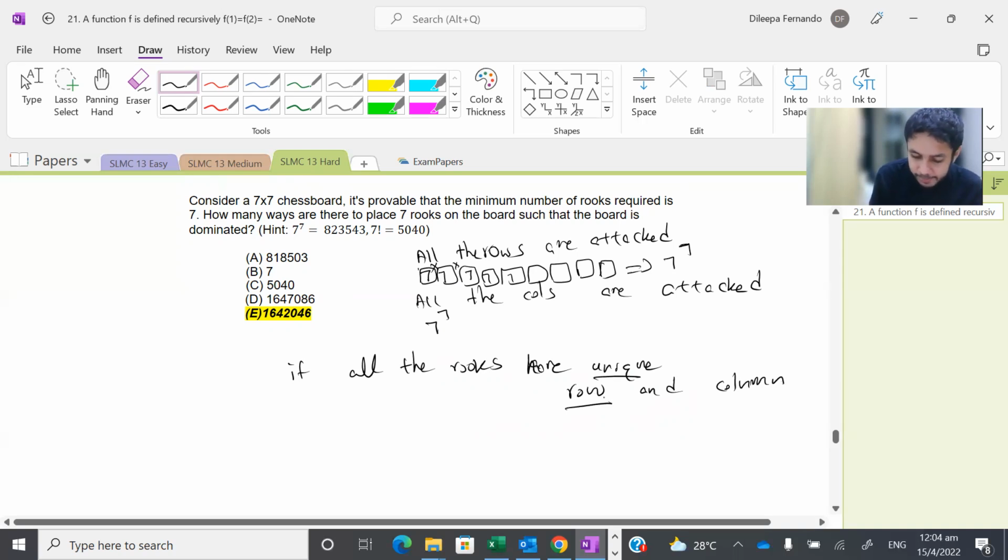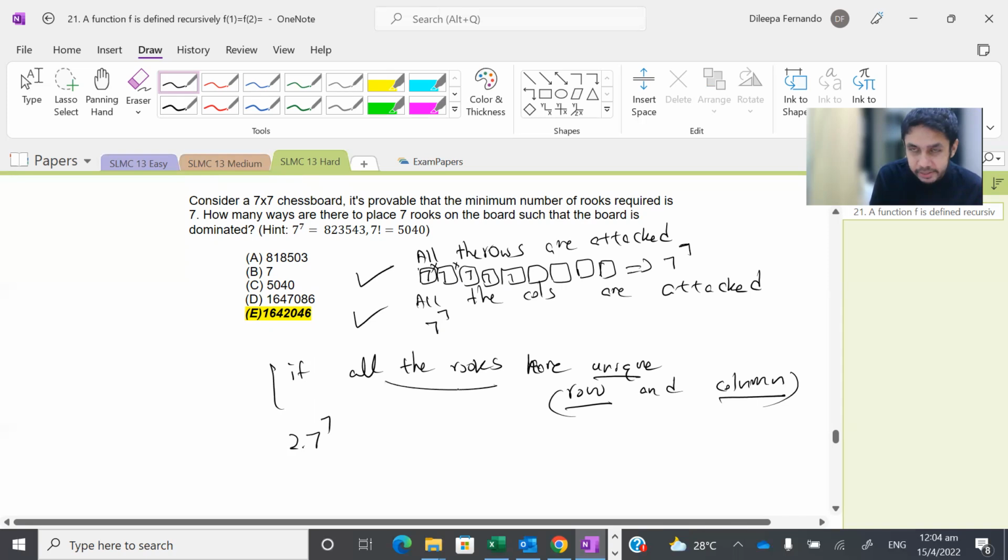That means that configuration is counted in the all-rows-attacked situation. And when they have a unique column, this is also counted in the all-columns-attacked situation. That means this configuration with a unique row and column is double counted in this summation. So the summation 2 into 7 to the power 7 has duplicates of this configuration.